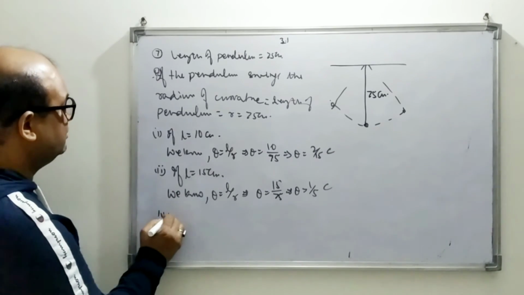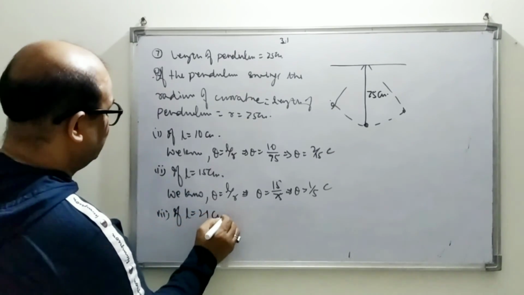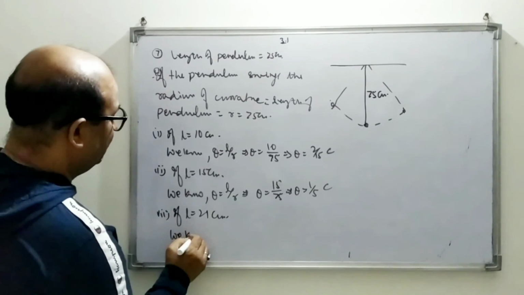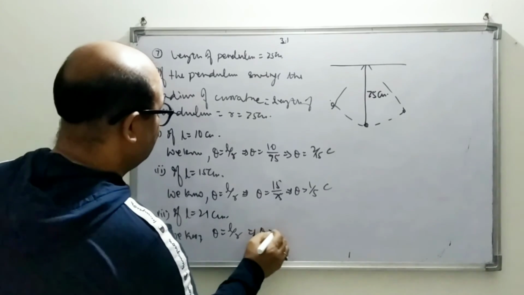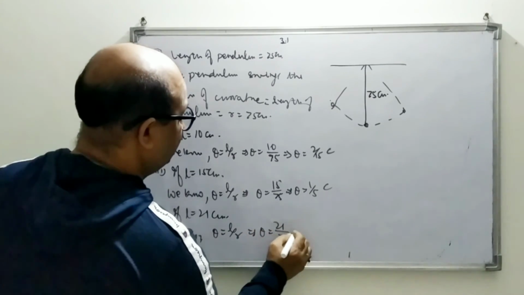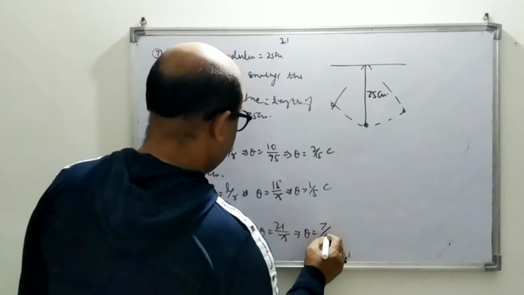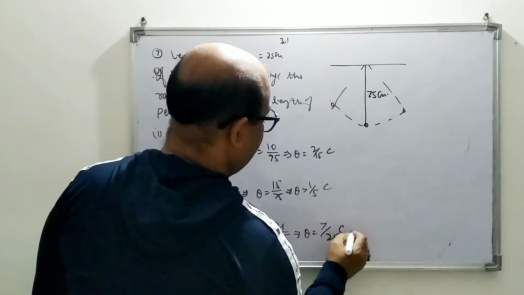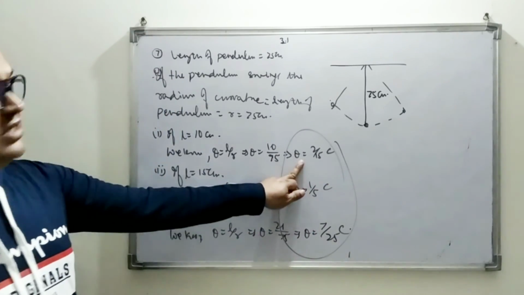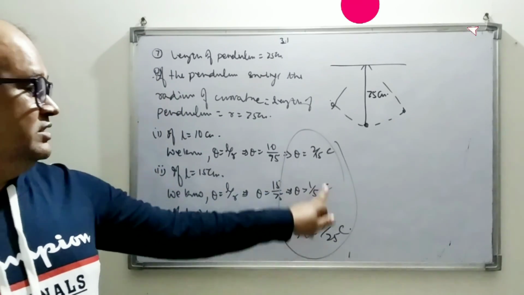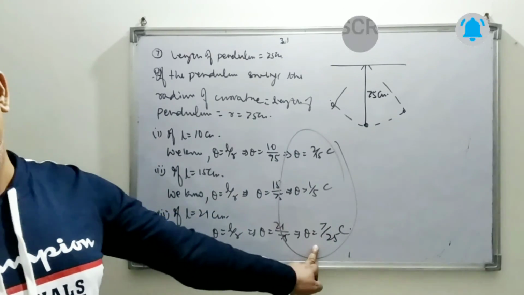And third, if L equals 21 centimeter, theta equals 21 upon 75, that is theta equals 7 upon 25 radian. So first case theta equals 2 by 15 radian, second case 1 by 5 radian, and third case 7 by 25 radian.